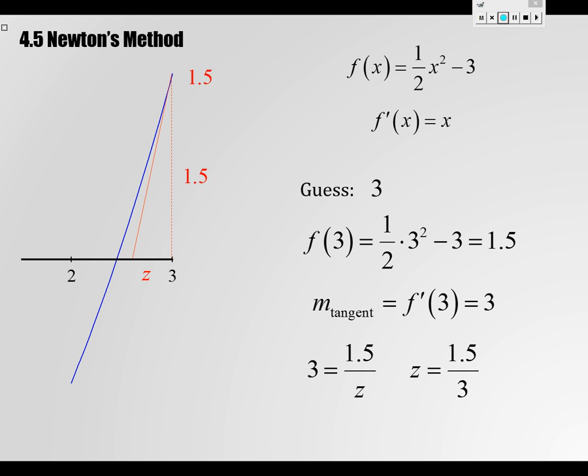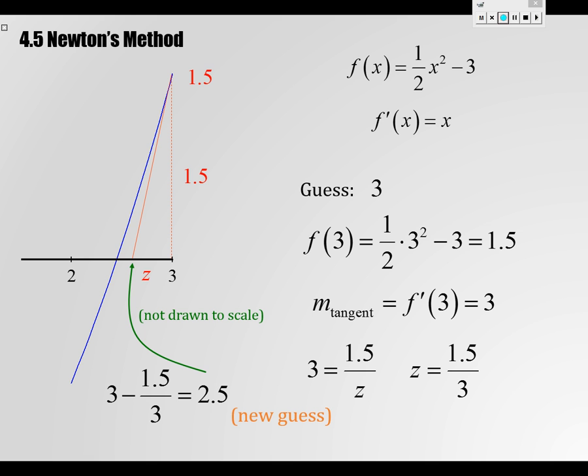And what this provides is a better approximation of the 0. If we subtract this off of here, that is 3 minus this distance we just computed. 2.5 is a better guess. But now that just makes you want to do what?